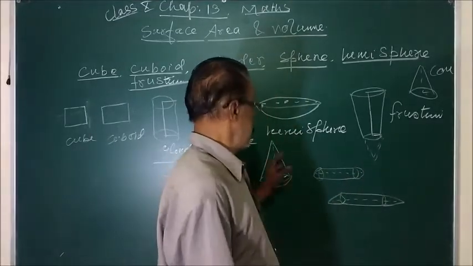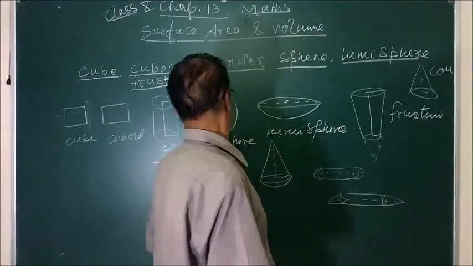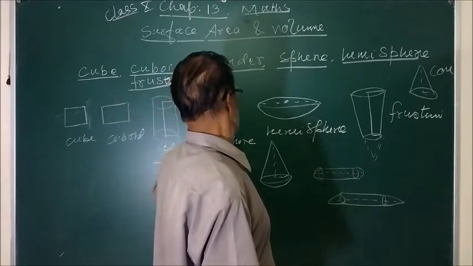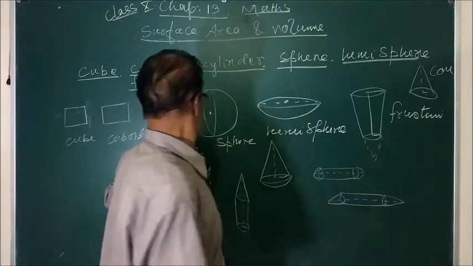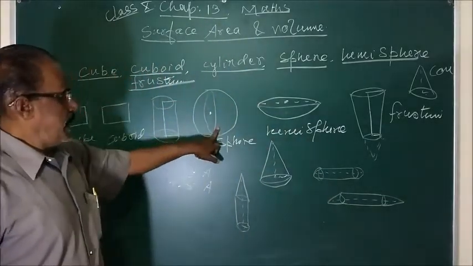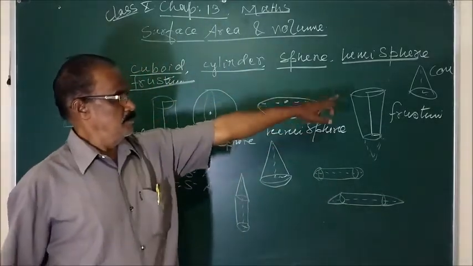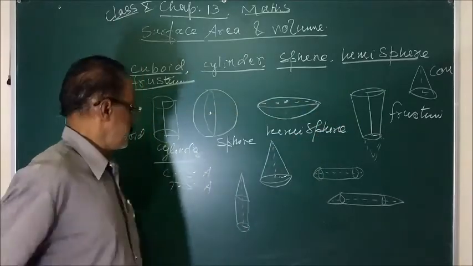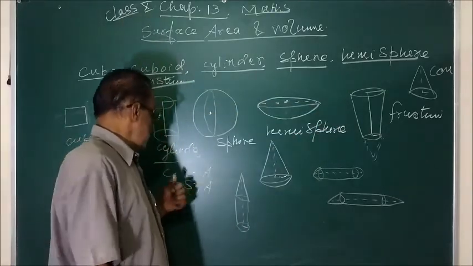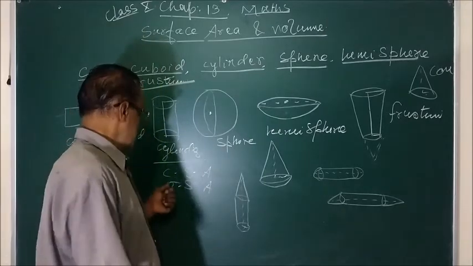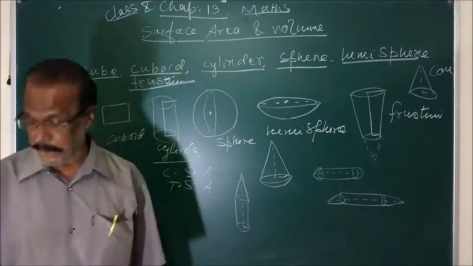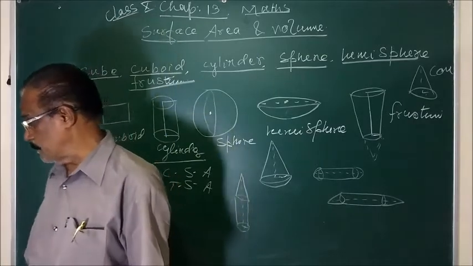So this is the combination of solids, and these are the single solids: cube, cuboid, cylinder, sphere, hemisphere, cone, frustum. Now you see how you will find the curved surface and the total surface in the case of combined solids.